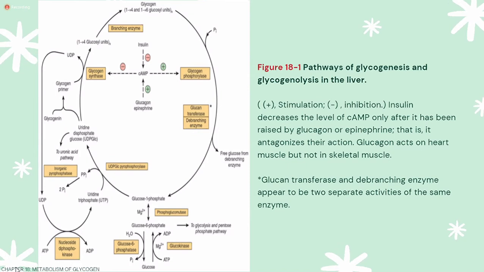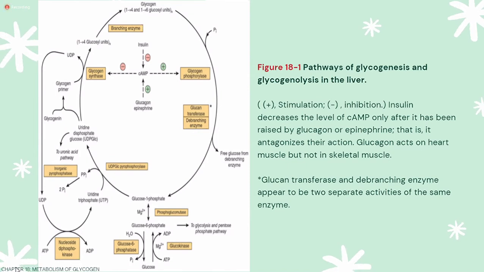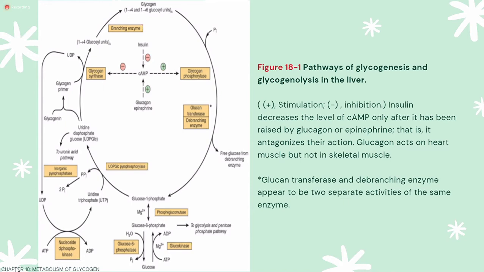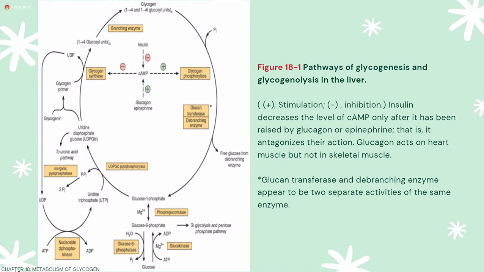Adenyl cyclase converts ATP to cyclic AMP. There you are now. You have the hunger signal, cyclic AMP. And then what happens if you have cyclic AMP?